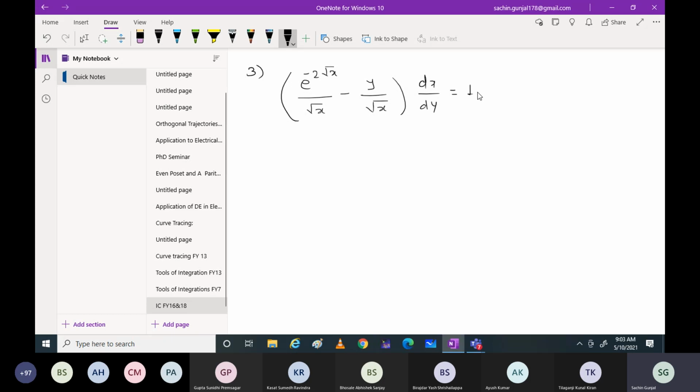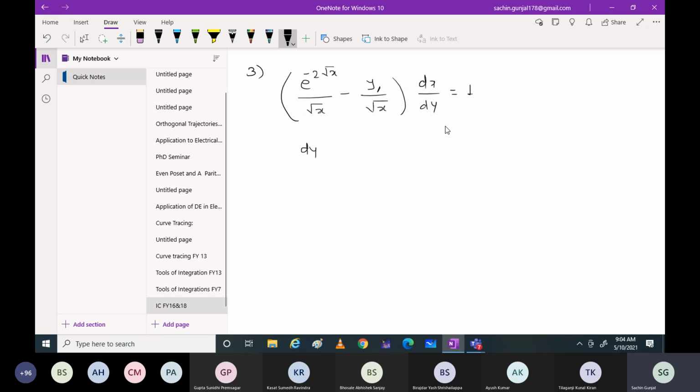Can you tell me, is this linear in y or linear in x? Linear in y, because you can see that degree of y is 1, whereas degree of x is 1 by 2 or minus 1 by 2. So you need to rewrite this in proper form. How will you write it?